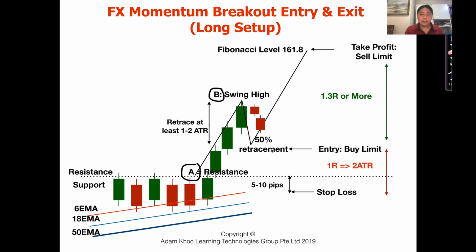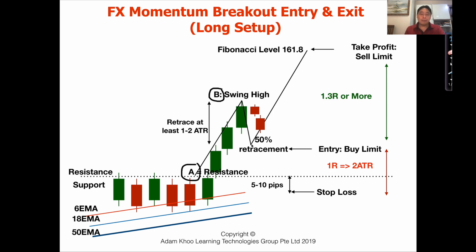So how do we find this 50% retracement? We use the Fibonacci tool. Now, normally when we use Fibonacci, we click on A and we drag it to B, right, to find the retracement level. For this strategy, it is the opposite. We're going to click on B first and drag it to A. And when you do that, two levels will appear.